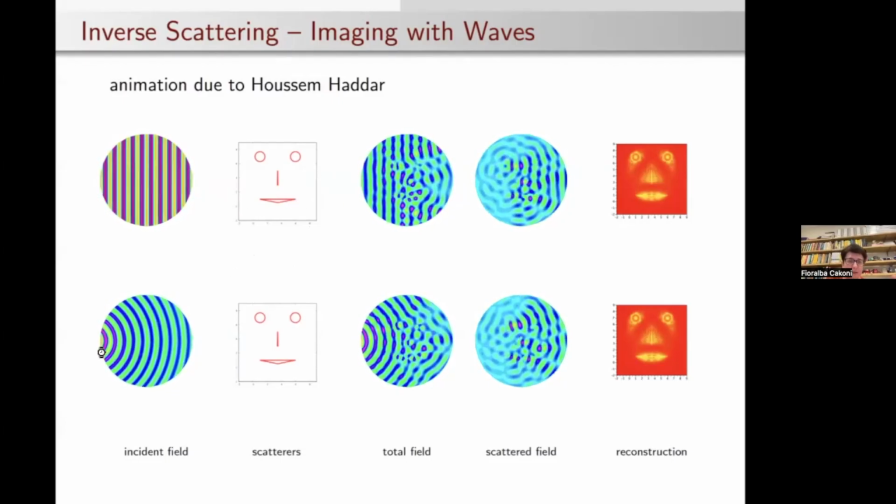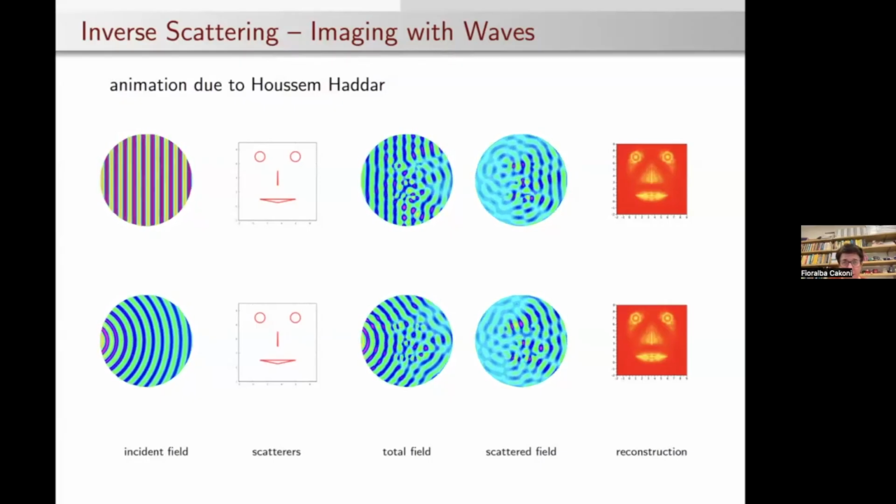One could possibly send point sources, as in the second row, and the same phenomena happens. So the direct scattering problem consists of solving an elliptic PDE in the frequency domain, as I displayed here, or a hyperbolic PDE in the time domain, in the entire space.